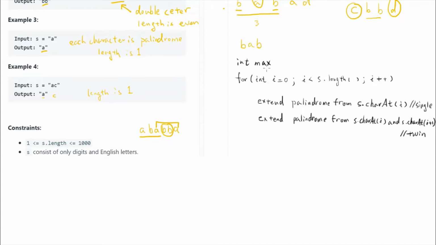So we create a variable called max to keep track of the maximum length of the palindrome. We also keep track of the starting position of the palindrome. We call it left. So this is the starting position.